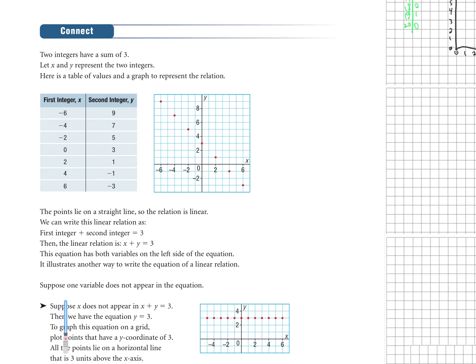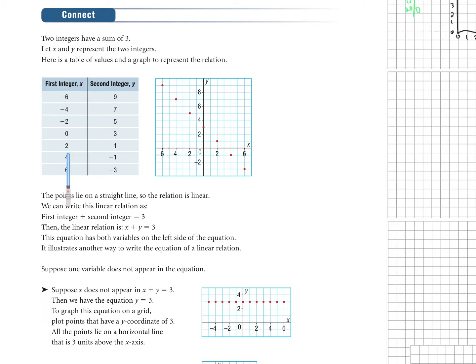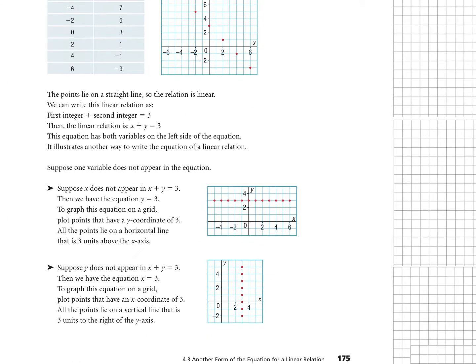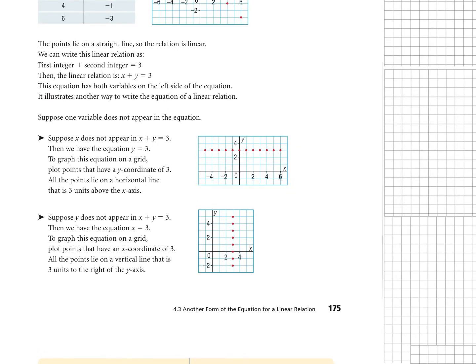So now it says, suppose one variable does not appear in the equation. So this would be a scenario where if one value equals 0, the other one has another value right here. So let's consider that.